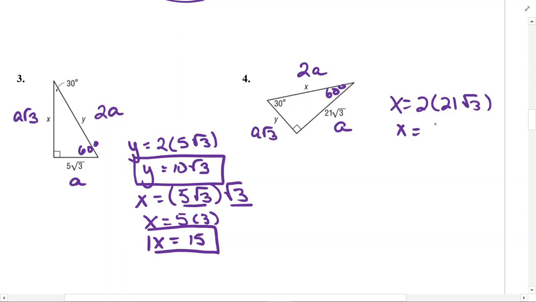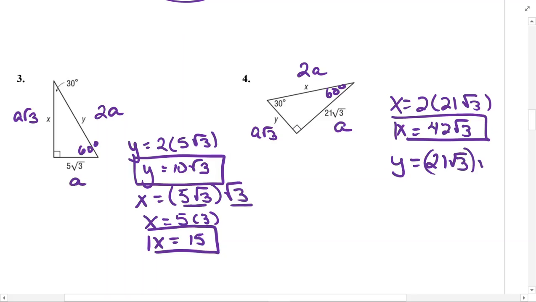So x would equal 42 rad 3. Y would be A rad 3. A is 21 rad 3. Rad 3. So again, this is A rad 3. So y would equal 21 times 3. So y equals 63.